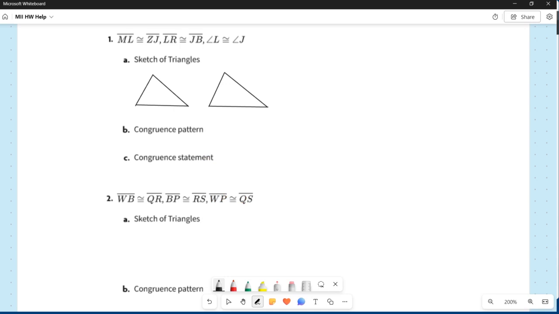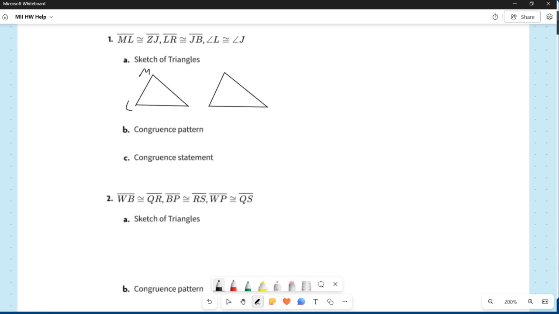So the first statement that we're given is that side ML is congruent to ZJ. So what that means is on the triangle on the left, I've got three vertices. I'm just going to pick two of them. One of them is going to be M, and one of them is going to be L. So I'm going to put an M up top, and I'll put an L on the left.